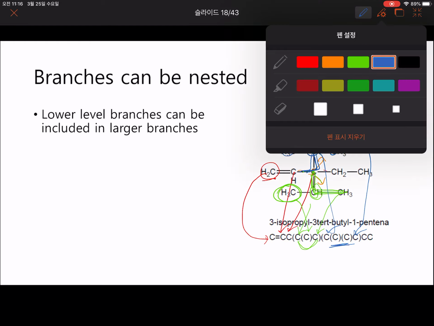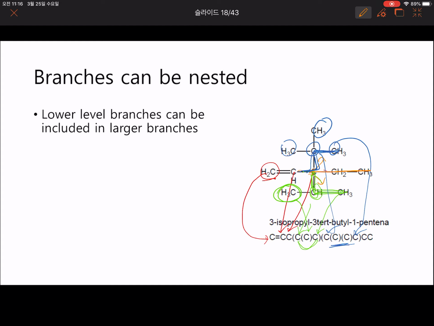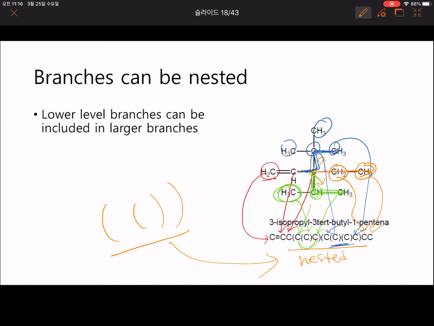And after that, again, this main branch is written. So this C and this C are written here. Okay, so as you can see, the branches can be nested. So parenthesis can be put inside the parenthesis. So this is the meaning of nested.